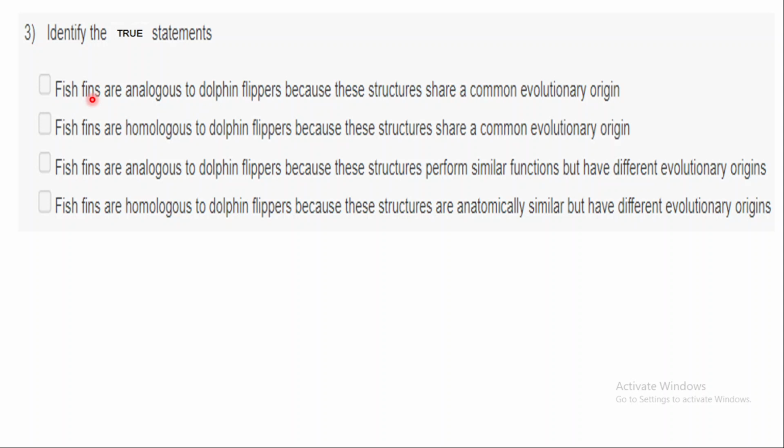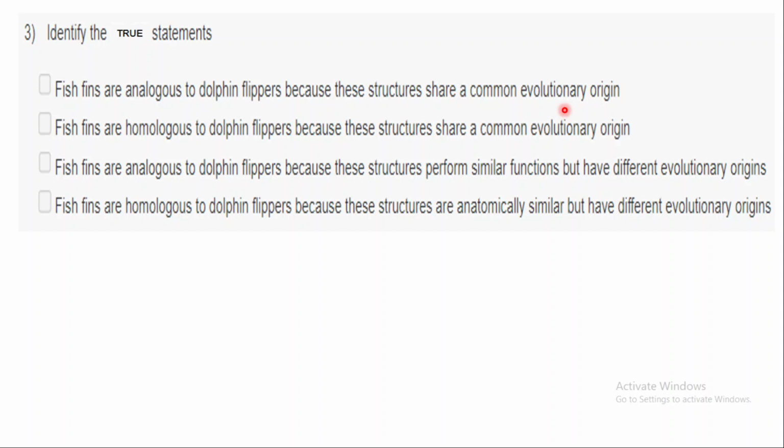Now, owing to the same concept, we can use this in answering this question. Option A, fish fins are analogous to dolphin flippers because these structures share a common evolutionary origin. Now you have to read these options very carefully. The whole statement needs to be correct and justifiable to identify it as a true statement. Fish fins are analogous to dolphin flippers because these structures share a common evolutionary origin.